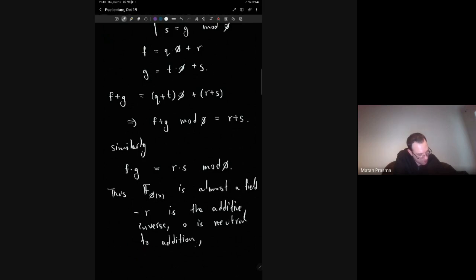And one, I mean the constant polynomial one, is neutral to multiplication. But we don't have an inverse for an element in this funny set F sub phi.